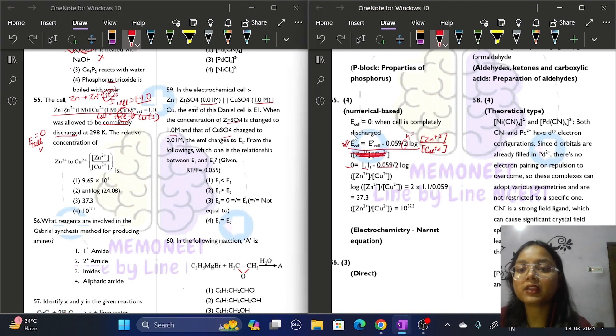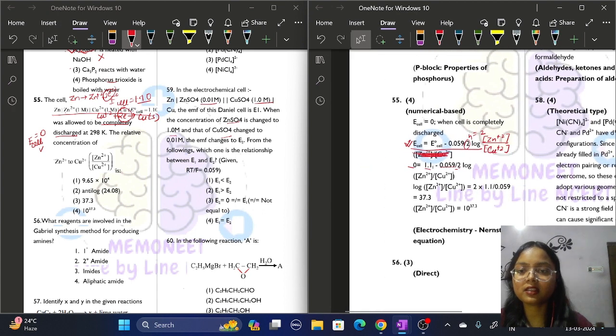So the value of n is 2. Therefore we have written 2 here, log of Zn plus 2 concentration by Cu plus 2 concentration. Okay, so what will happen? The negative side of the part will go to the left. Let me provide some space here.